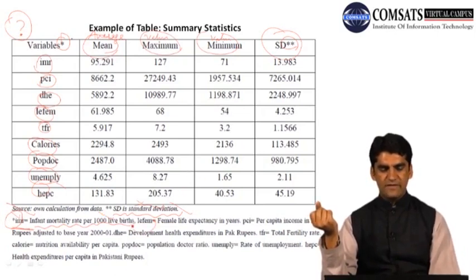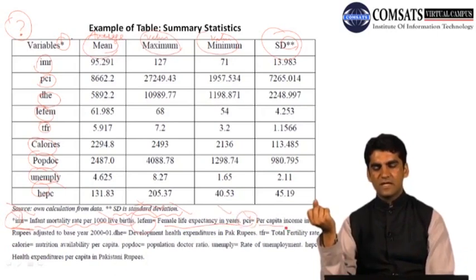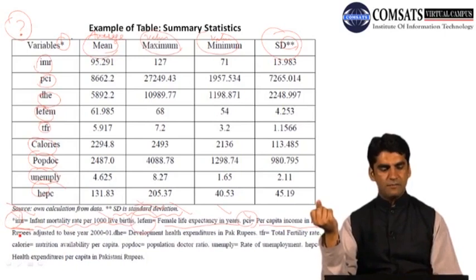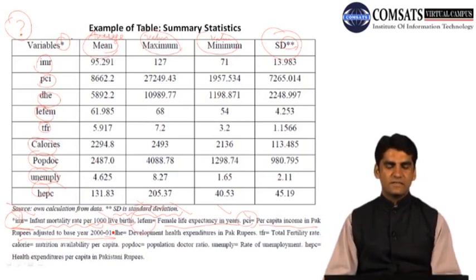Now what is LFM? It is female life expectancy in years. What is PCI? It is per capita income in Pakistani rupees adjusted for the base year 2000. Those who are in economics or financial economics might know the meaning of base year. We will not go into detail because this is not our topic of discussion.